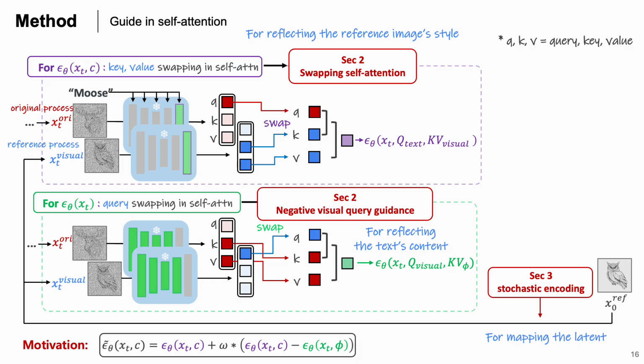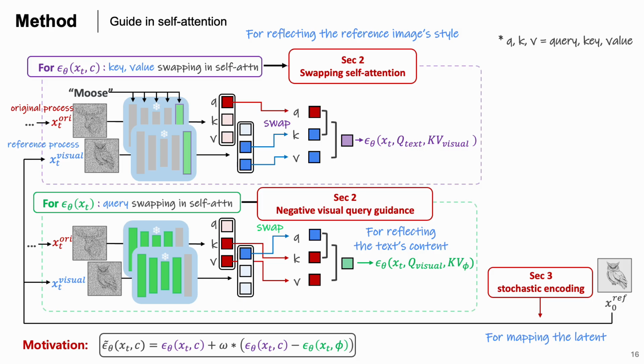Let's focus on the green term in the classifier-free guidance equation. This term corresponds to the negative text prompt, which is traditionally used to specify text elements that should not appear in the generated image. In the context of visual style prompting, we extend the negative text prompt concept to the feature level by specifying content features that should be excluded.